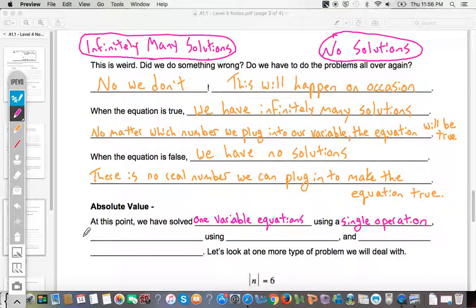We've also solved one variable equations using two different operations.